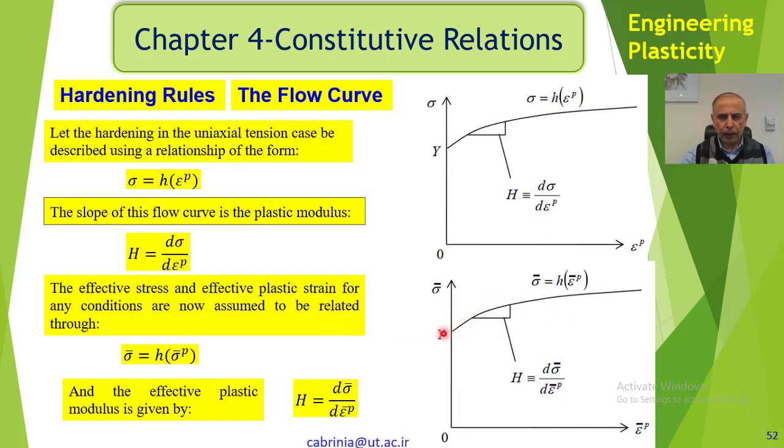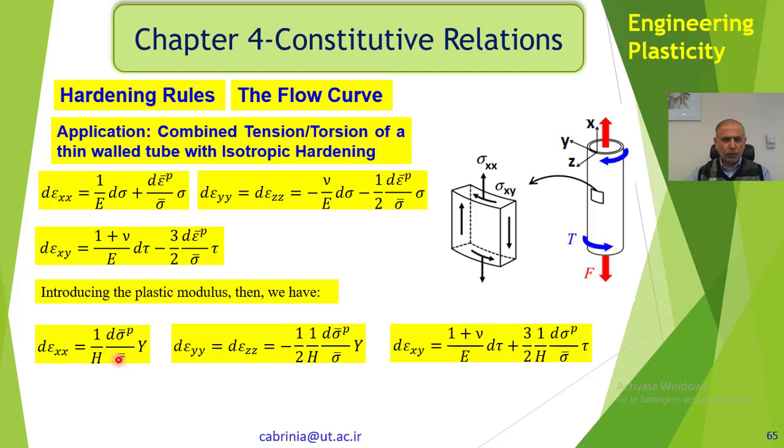This was the curve for effective stress, effective strain, and this is the gradient of the curve. Obviously, at each point the gradient is different, so depending on where we want to obtain the plastic strain, which point is our objective, at that point we obtain this H, and we substitute in the relationship. So that's why we put 1/H here, and we get this relationship.